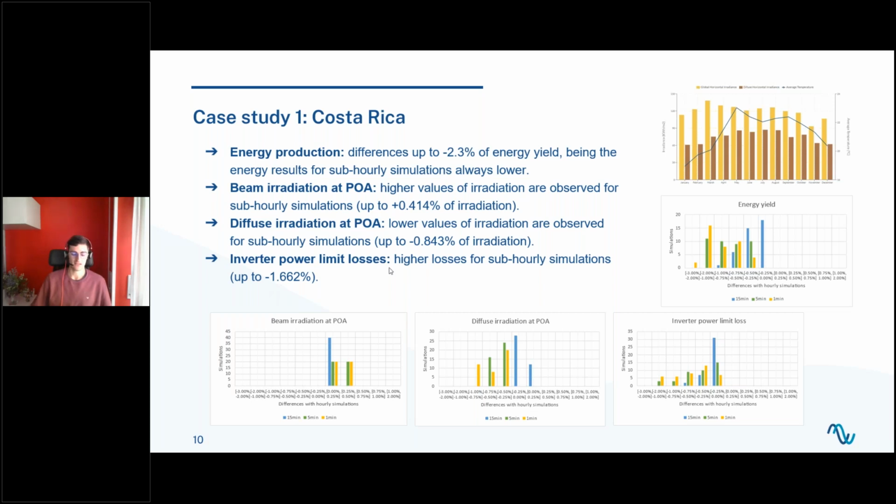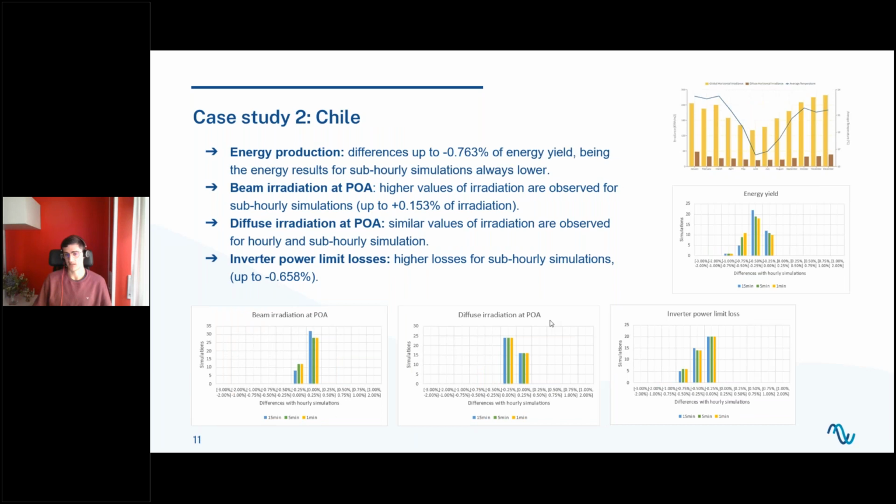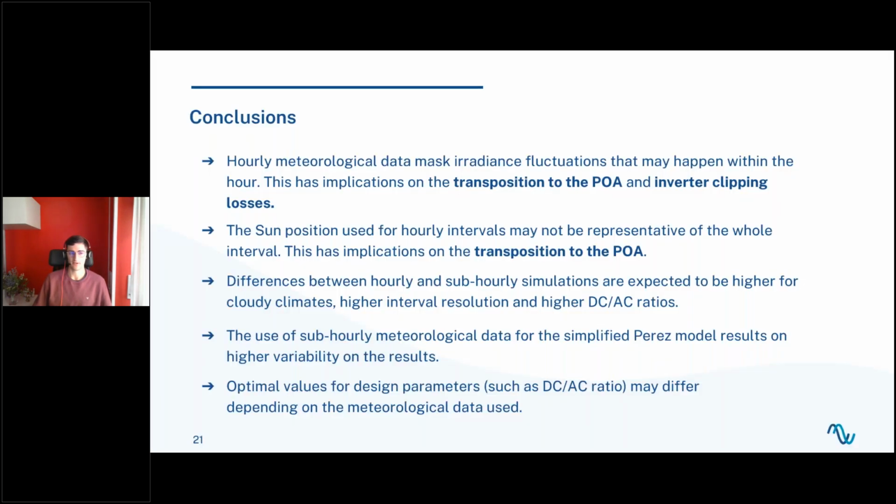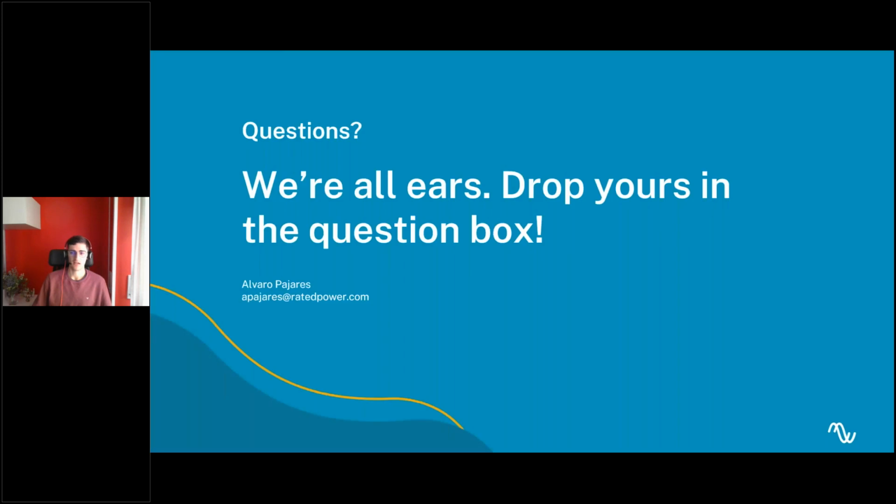And so the sizing of the batteries will depend on this, and this can be even more critical for those systems. I will say that in general, for locations where the presence of clouds is not that high, the differences in optimal values such as the DCAC ratio shouldn't be that different, but in some specific cases, they could be.